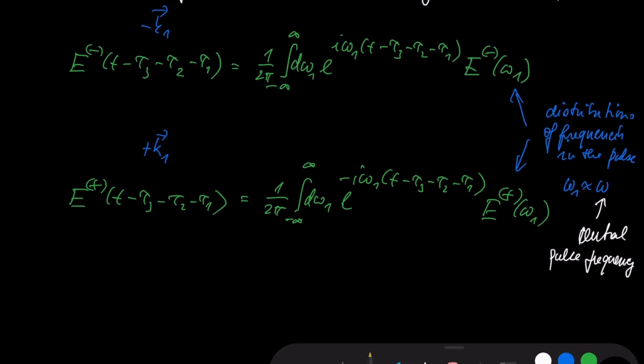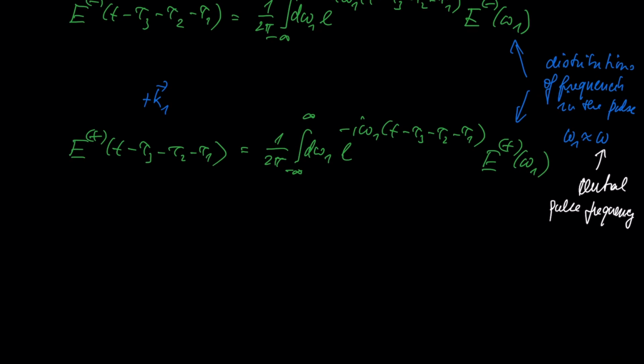Okay, so let's have a look at what we have. We can now try to rewrite the expression for the third order polarization. I'm dropping all the other dependencies here. We are interested in the dependence on t right now. So we would have an integral from minus infinity to infinity d tau 3.